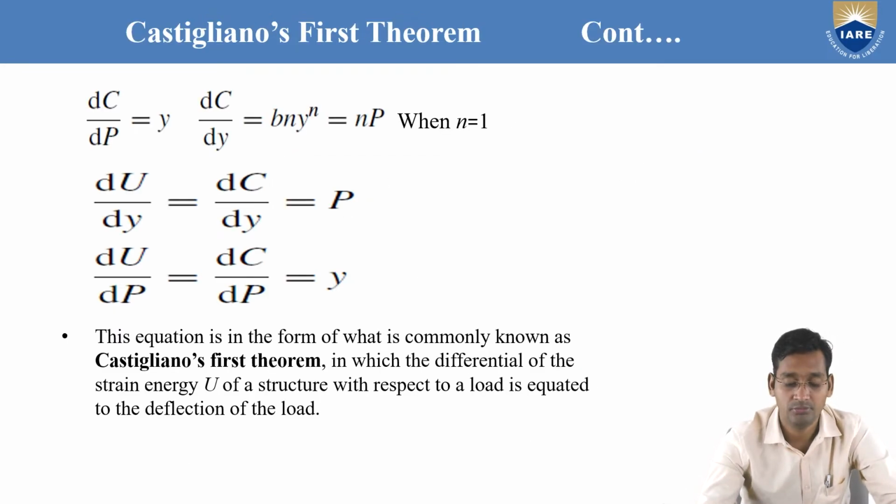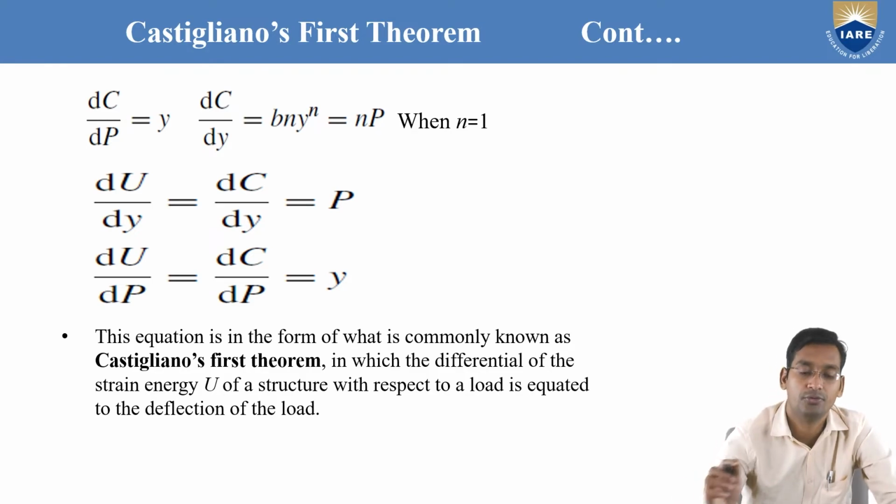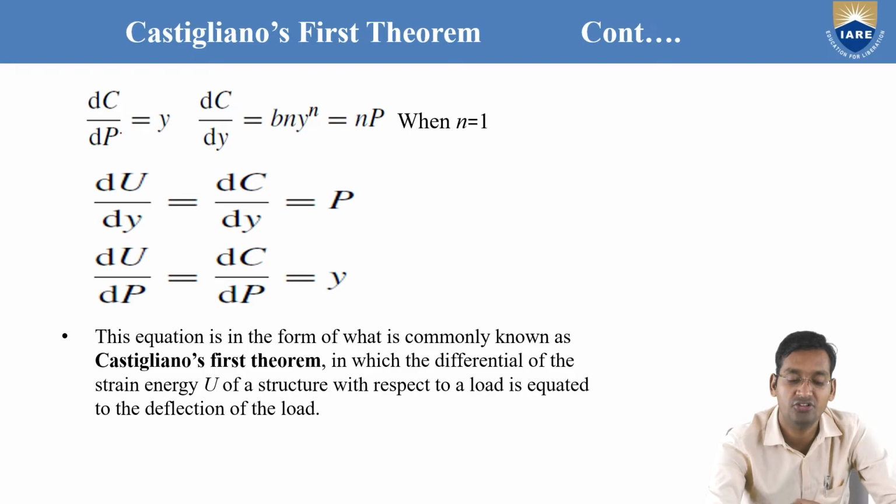So now from Castigliano's theorems, this we already got: dC by dP equals y and dC by dy equals n b y to the power n minus 1.